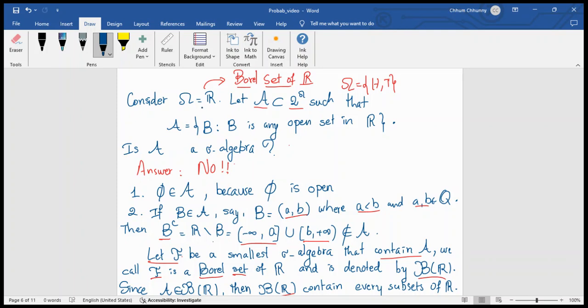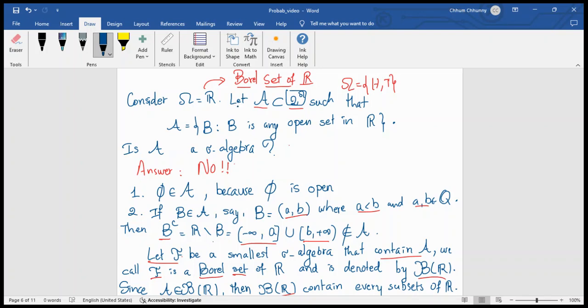If I ask you what the power set of omega is, because in the previous two videos I provided some examples where I used the power set as a sigma algebra, can we find the power set of R, or the power set of omega in the case that omega equals R?